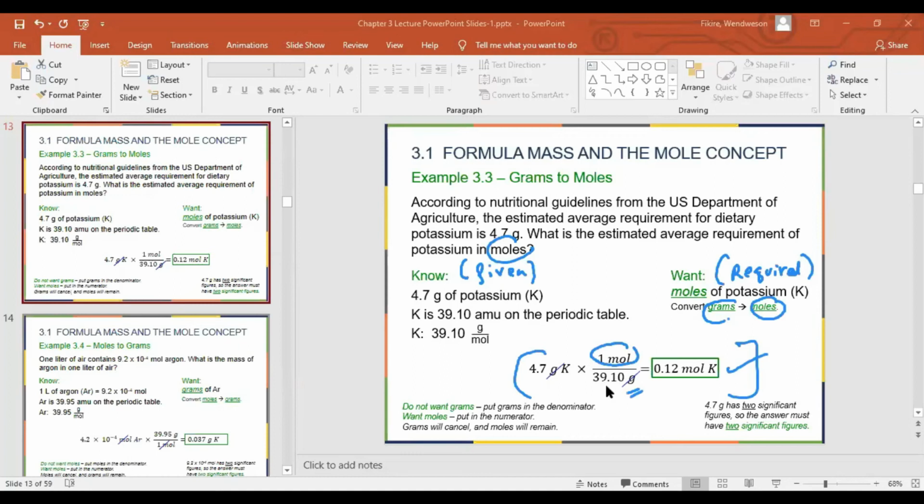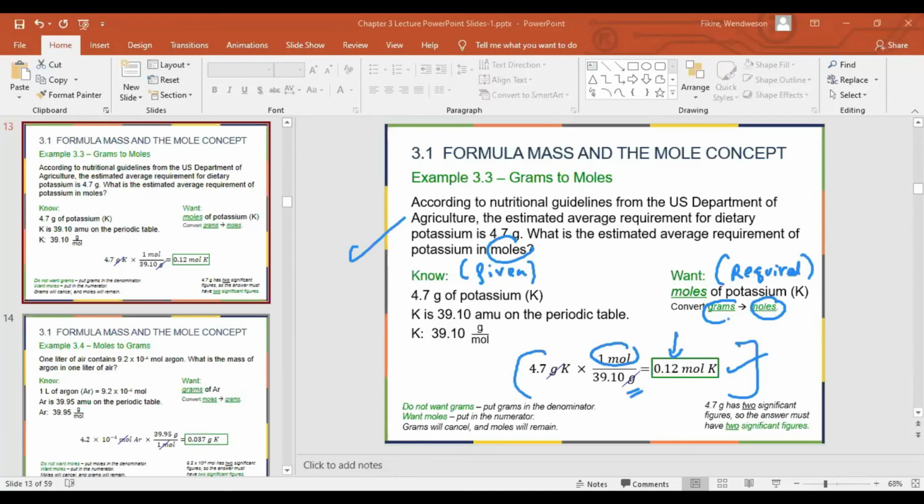Also remember that we have applied significant figures. 4.7 has two significant figures, so the answer has to be kept to two significant figures, which is 0.12. So this is a very great example, Example 3.3, which explains how to convert from grams to moles.